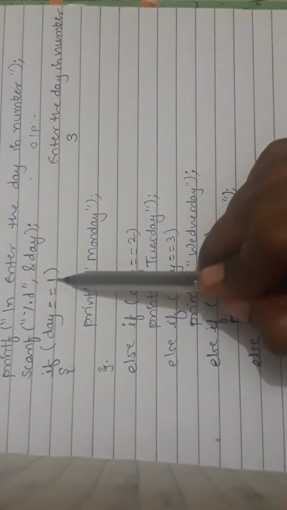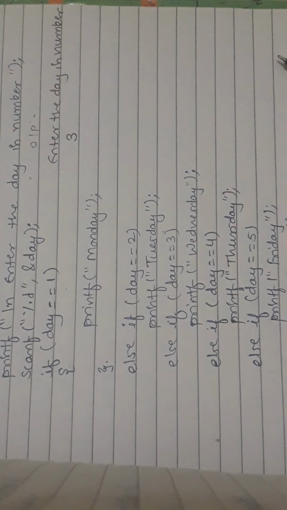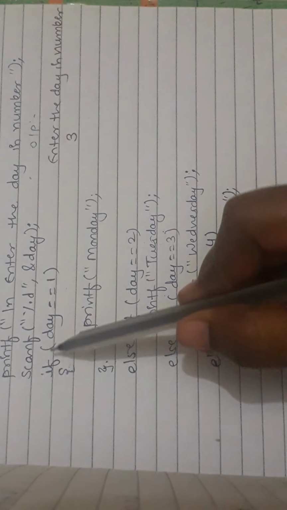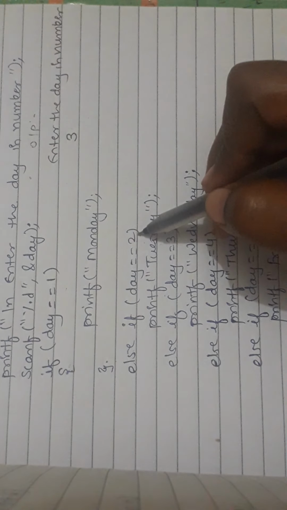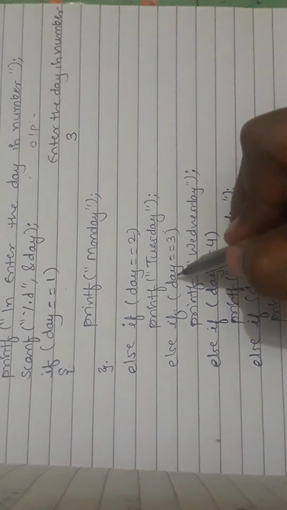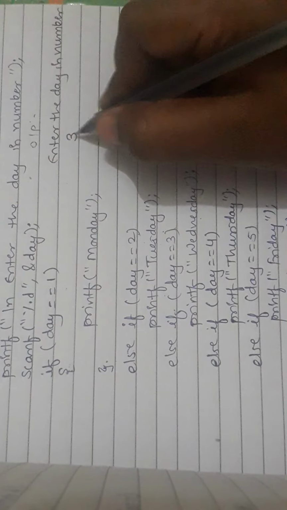The value 3 is stored in day. This 3 is compared with 1. It is not equal to 1, so our control goes to the else if statement. Here it will check the condition that 3 is equal to 2, condition false. Therefore it will come to this else if part. Here day is equal to 3. Yes, 3 is equal to 3, and therefore it will print Wednesday.